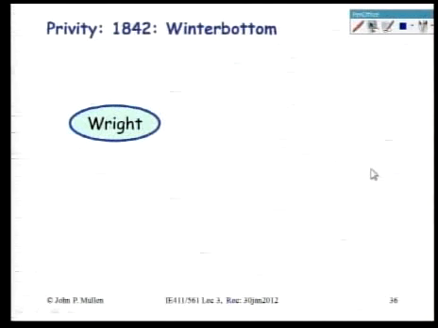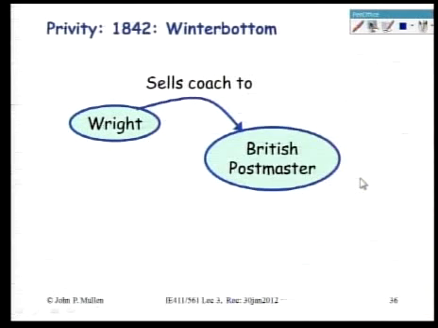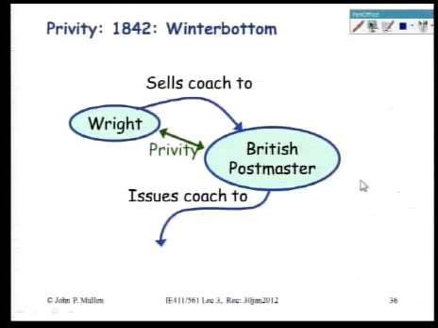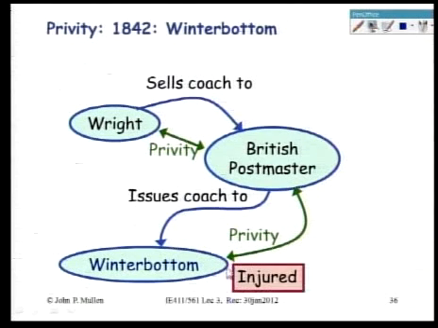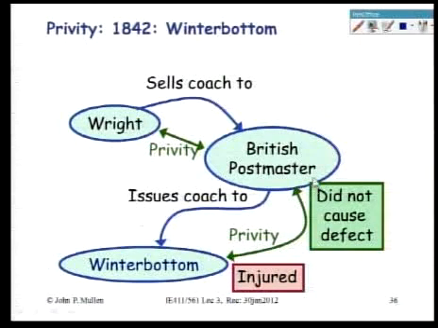So here's Winterbottom. There's Wright. He sells the coach to the British postmaster. There's privity. He issues the coach to Winterbottom. There's privity there. Winterbottom gets injured, but hey, the postmaster didn't cause the problem.